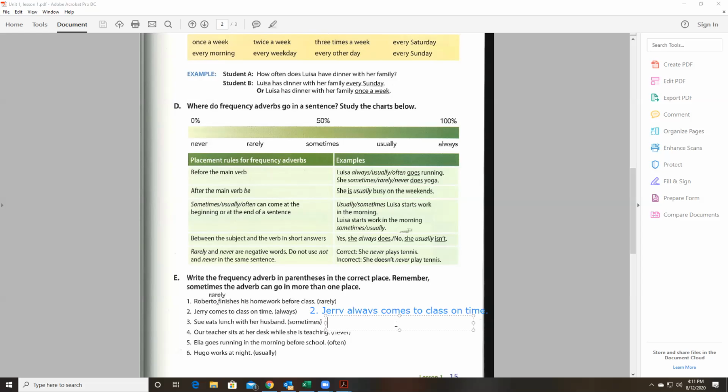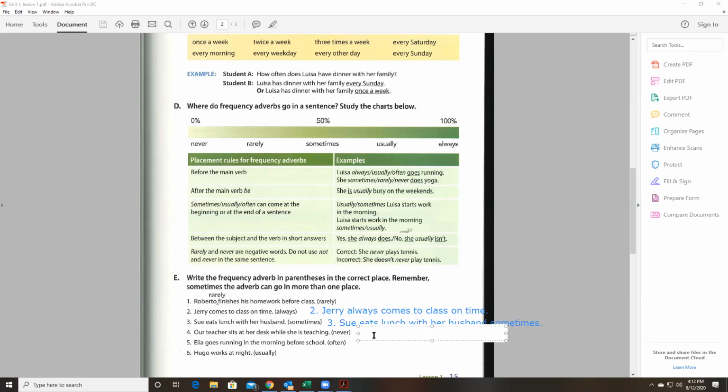Okay, number 3, it says, Sue eats lunch with her husband. Our frequency adverb is going to be sometimes. I have Sue eats lunch with her husband sometimes. Remember, when you use usually, often, or sometimes, they can either go at the beginning of the sentence, or at the back. Number 4, our teacher sits at her desk while she is teaching.